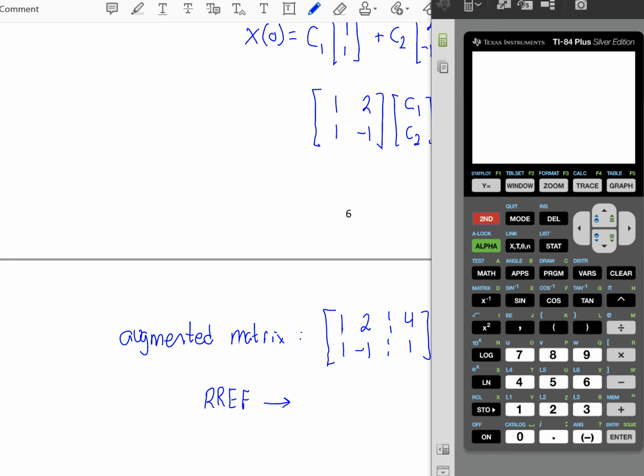So second matrix, let's edit. And we're going to enter a 2 by 3 matrix, 2 rows, 3 columns. Again, take a moment just to make sure you entered that matrix in correctly.